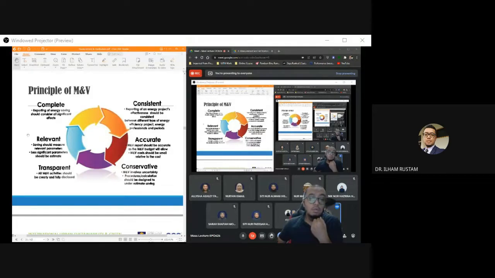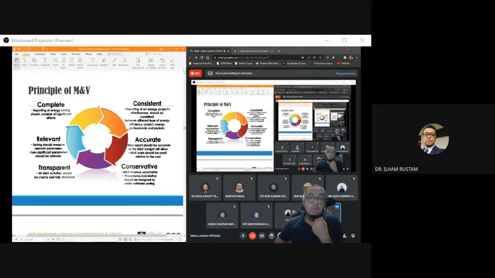Relevant: the saving measure should be relevant to the parameters that may incur the savings, and any parameters that are unable to be quantified or are less significant should be estimated. Transparent: all MNV activities should be transparent so that no doubt can be raised. Consistent: all the reporting must be consistent between types of energy efficiency projects and energy professionals, and also the periods of the MNV implemented.